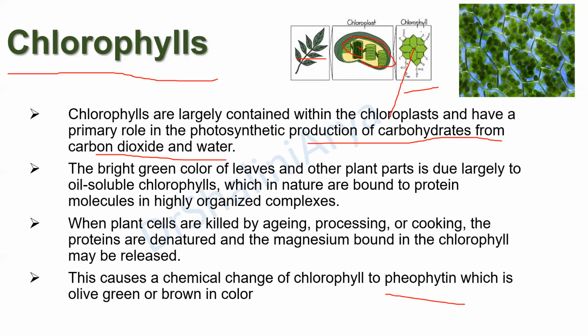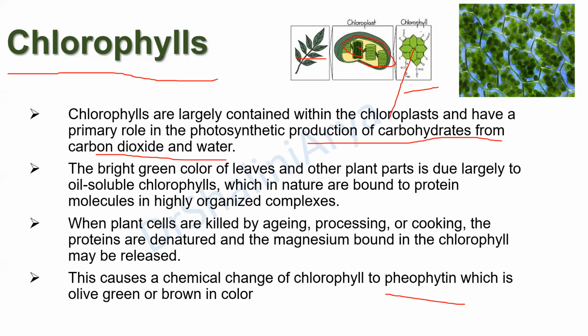This pheophytin is olive green or brown in color. That is why a fresh vegetable is green in color, because the chlorophyll structure is in intact form.